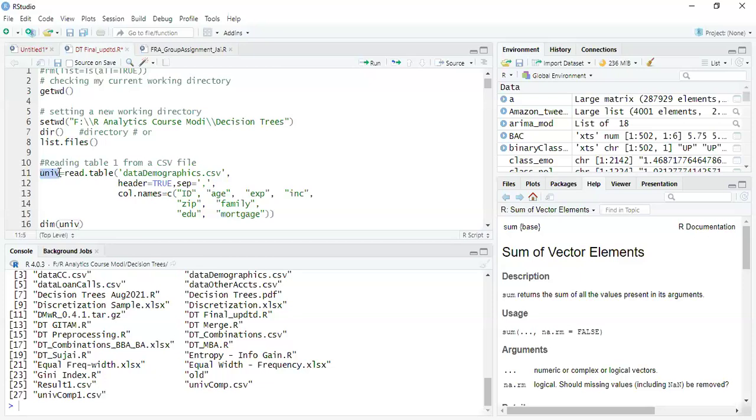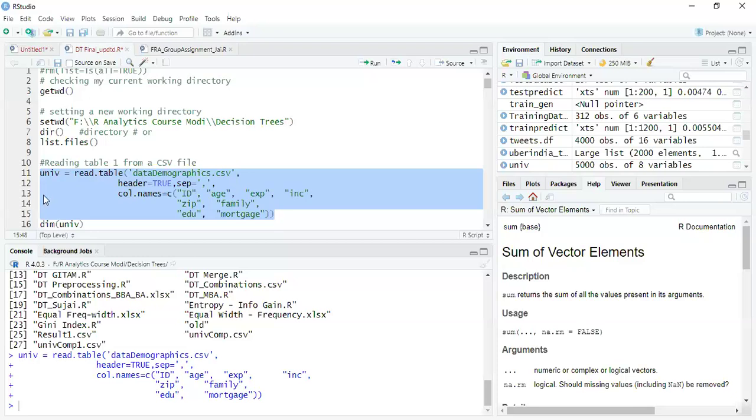I call this file univ. The first file I am calling univ, because this is a bank's data set. I have changed the name to universal bank, so as a shortcut I am giving univ, because I use this n number of times and I am a little bit lazy.